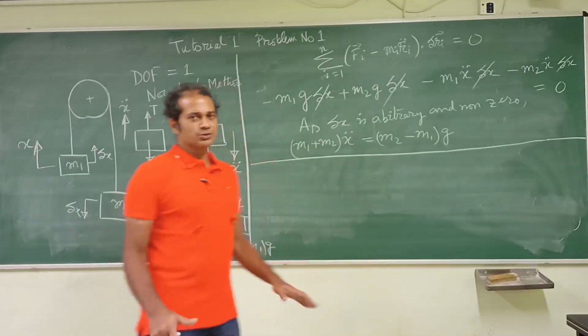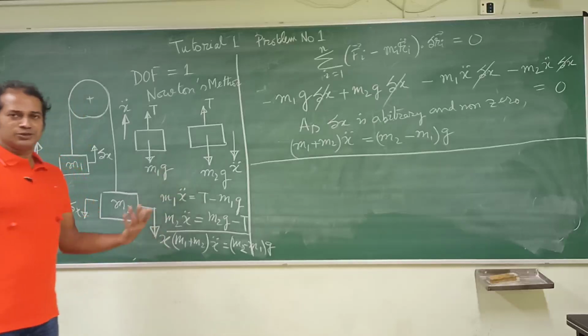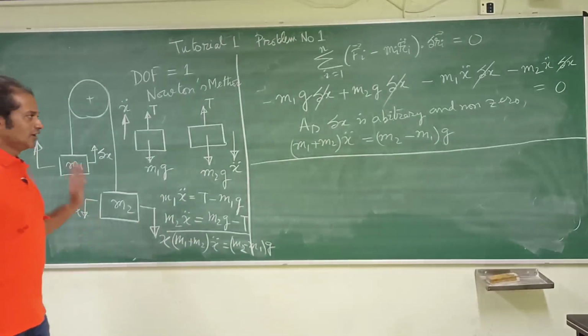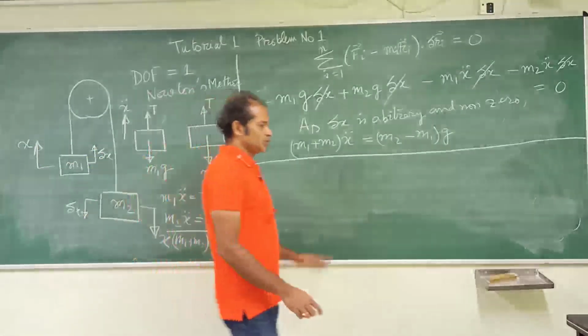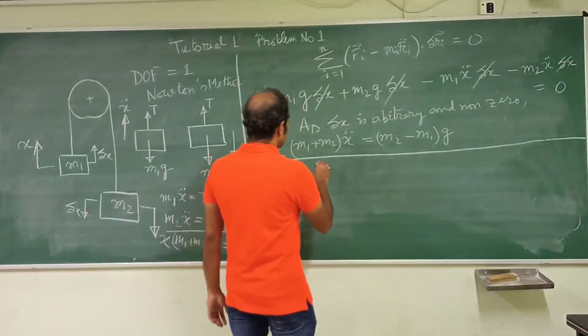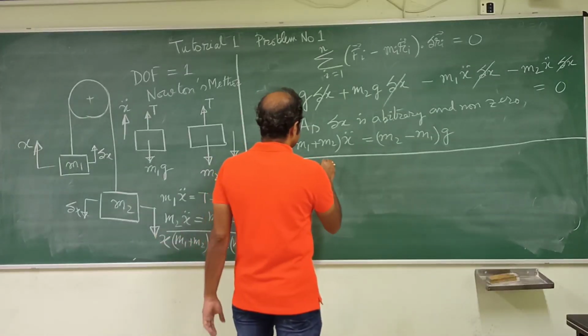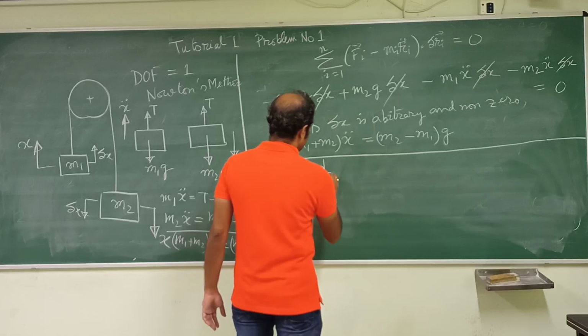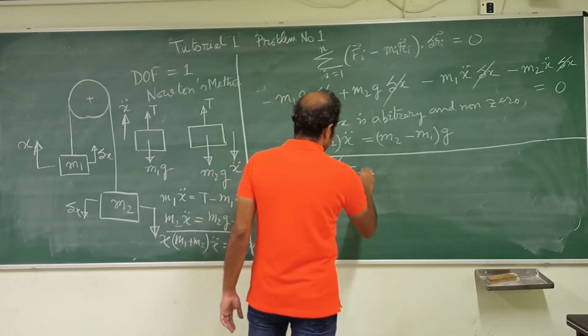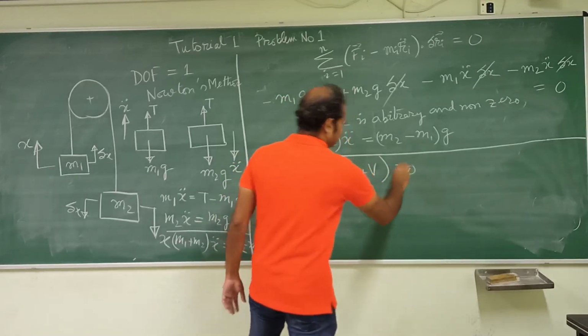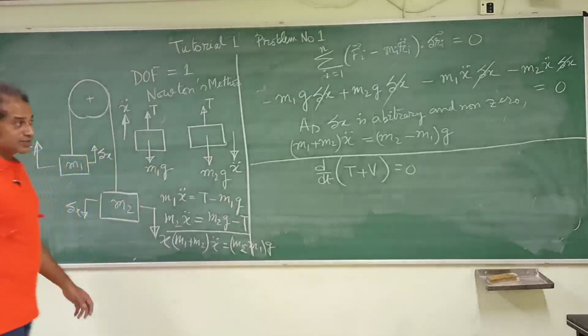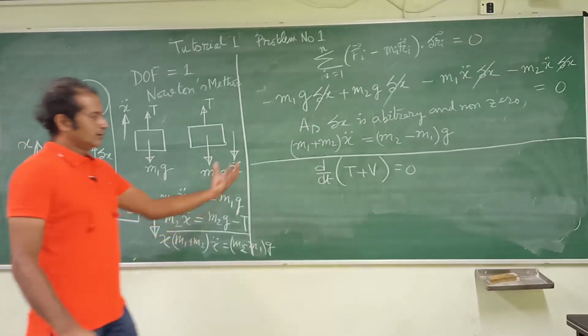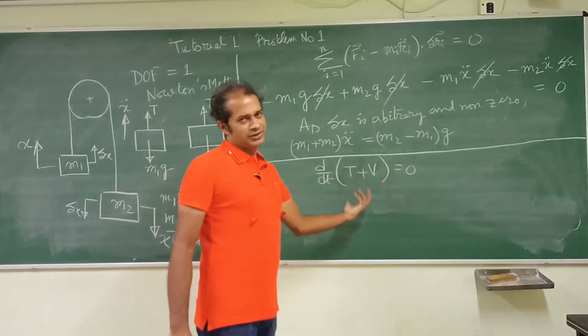Without using Newton's second law, you can derive the system equation. Let me show you what you have studied in your higher secondary courses, I think you can remember this: d/dt of (T plus V) is equal to 0. As it is a conservative system, its total energy is not going to change with respect to time.